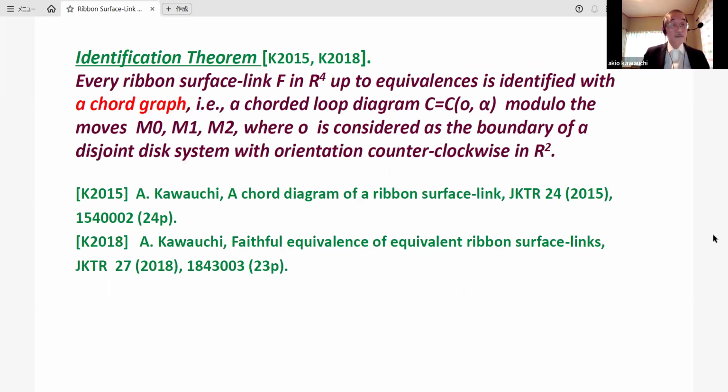The following identification theorem is a fundamental theorem. Every ribbon surface link F in R^4, up to equivalences, is identified with the chord graph, that is, a coded loop diagram modulo the moves M0, M1, M2, where o is considered as the boundary of a disjoint disk system with counterclockwise orientation in R^2.